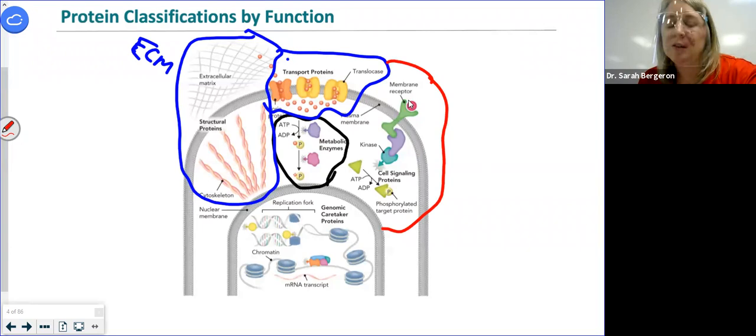We have something that binds our ligand on the outside, that will then translate that via a signaling mechanism into a change of a cellular function. And then the last one, genomic caretakers. So everything involved in replication, transcription, translation, all that stuff. And that is what we will talk about next time.